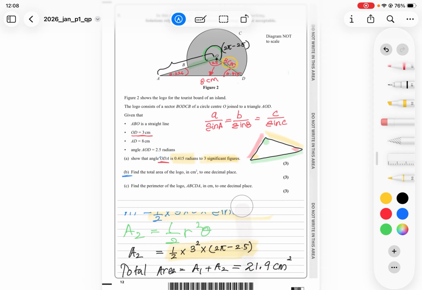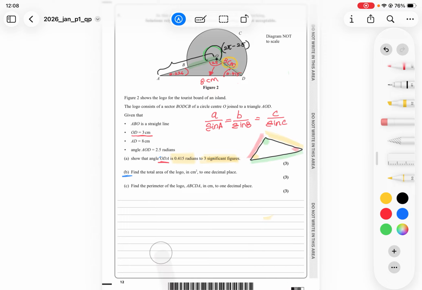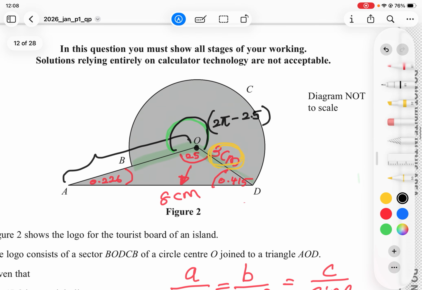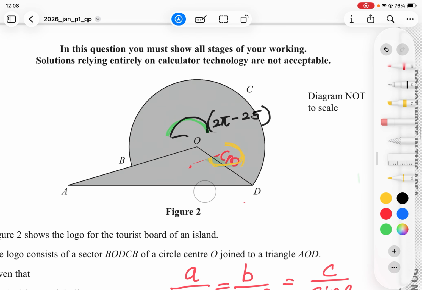In part C, they are asking us for the perimeter of ABCDA. So if I draw the line here, it's ABCDA.